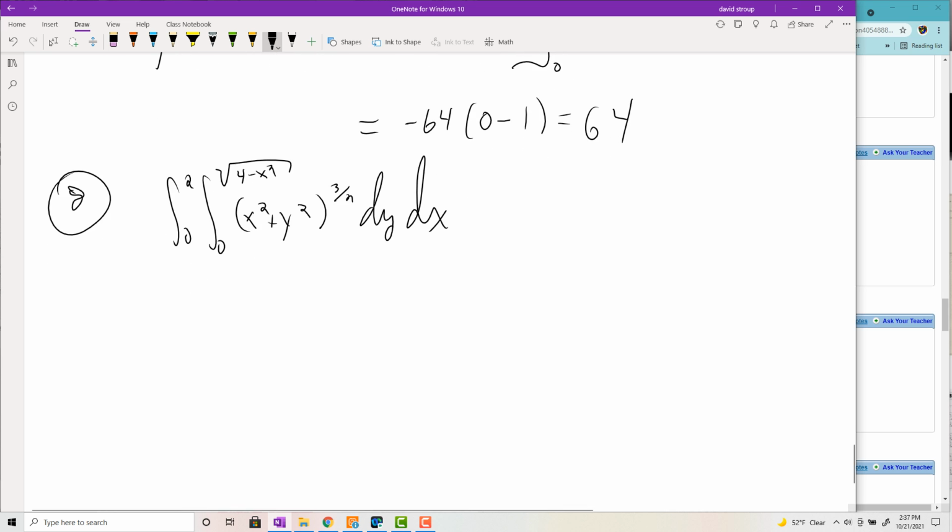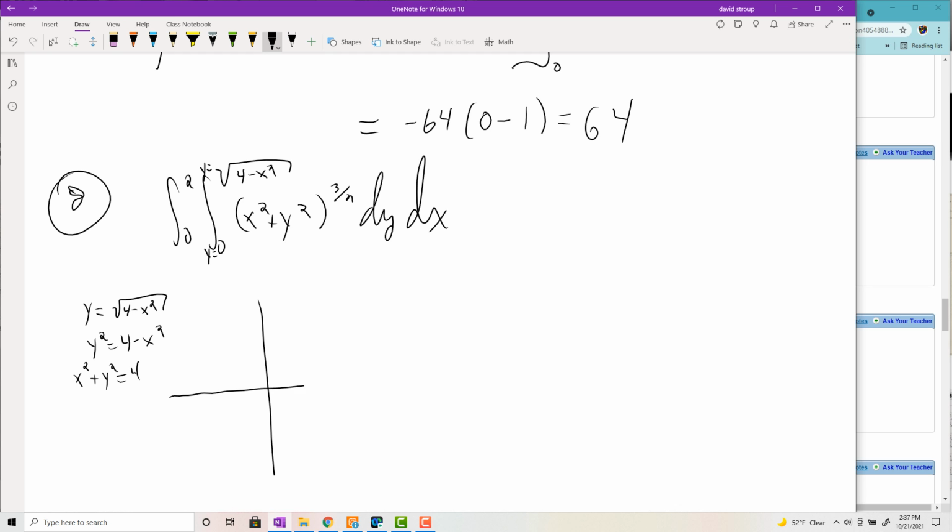Okay, so it's going from y equals 0 to y equals the square root of 4 minus x squared. And of course that is just a circle. Right, you square both sides, y squared, move the x squared over. Okay, great. So it's the top hemisphere in particular.